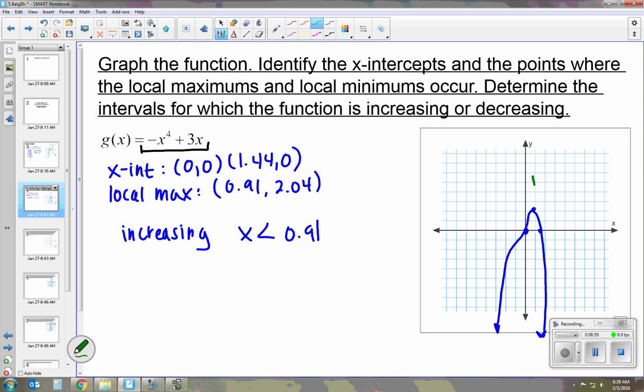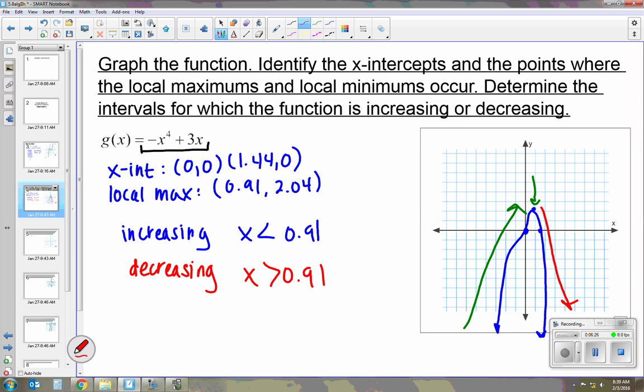So right here, from here to here, it's increasing. For decreasing from here to here, it's going to be where x is greater than 0.91. So those are all your pieces. You can use your graphing calculator to find your intercepts, your maximums, your minimums, and then you look at your graph to find your increasing or decreasing.